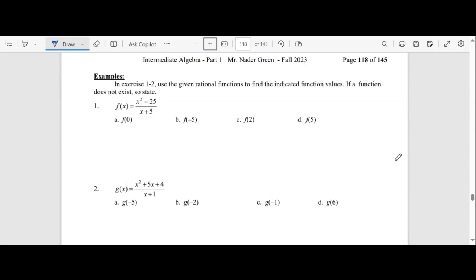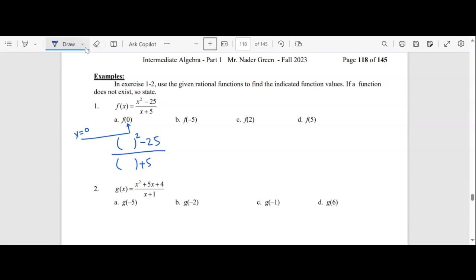So I have here f of x equals x squared minus 25 over x plus 5. What is the value of x here? He said f of 0. x equals how much? 0. So every time you see x, you replace it by 0.